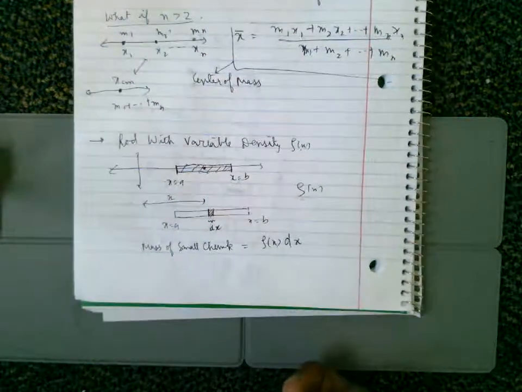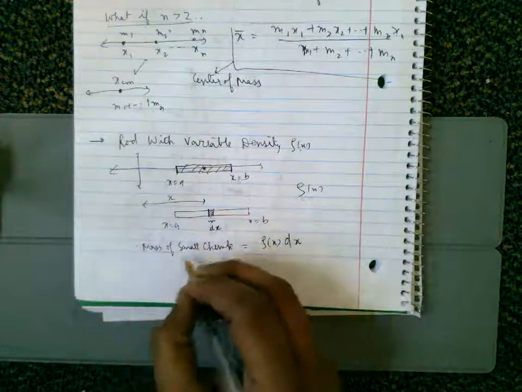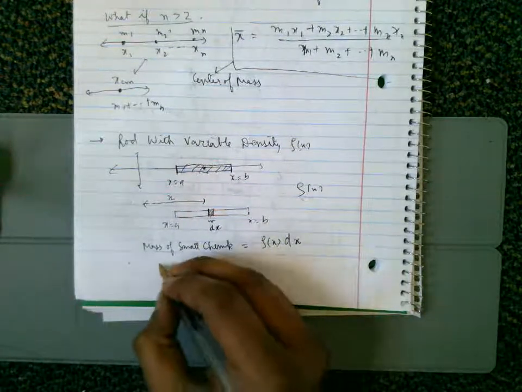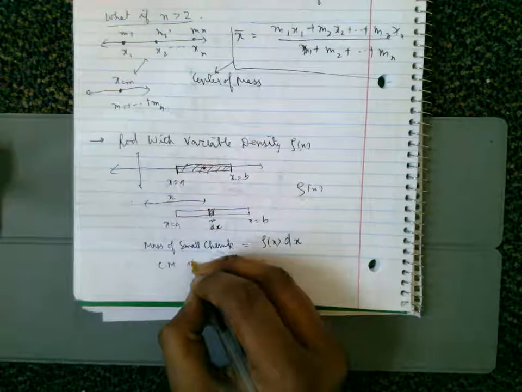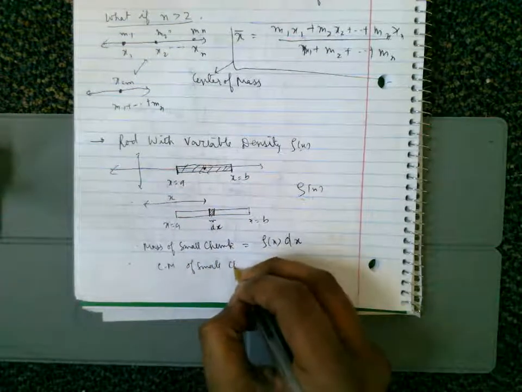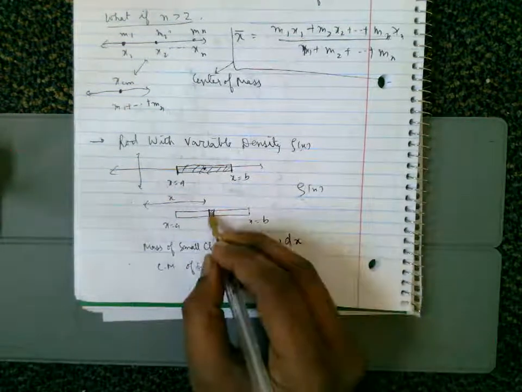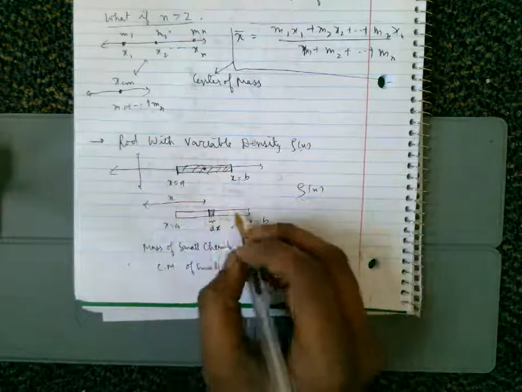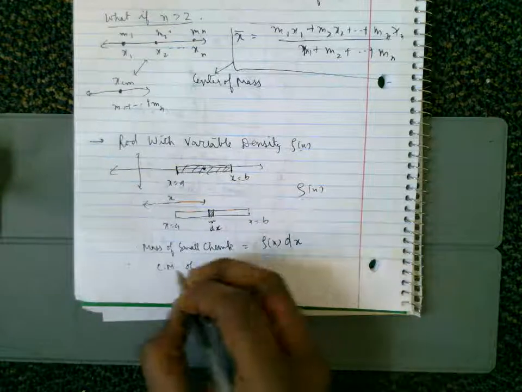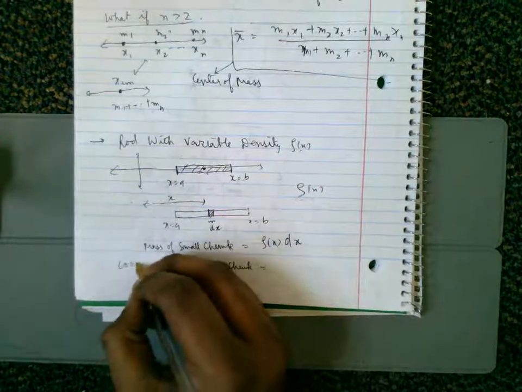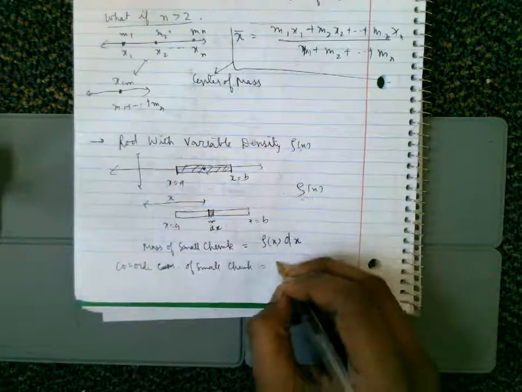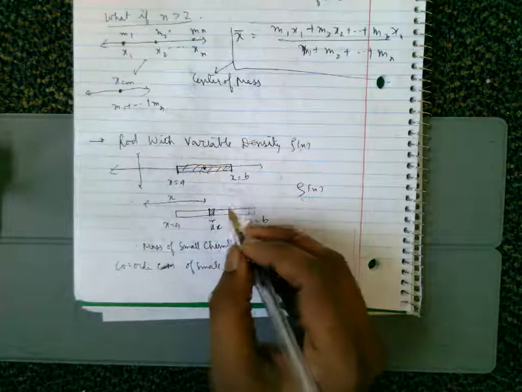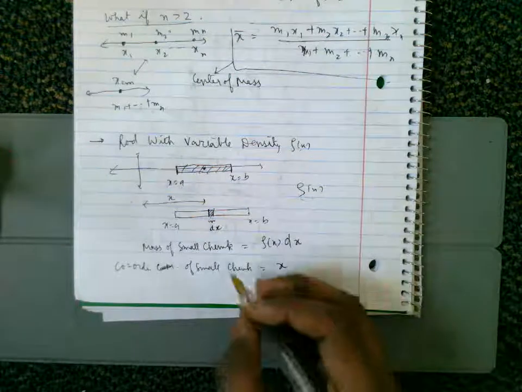And now the center of mass of this small chunk will of course be at the coordinate of this small chunk. The coordinate of the small chunk can be assumed to be just x, because this is very small, so x plus dx is nothing but x, right?